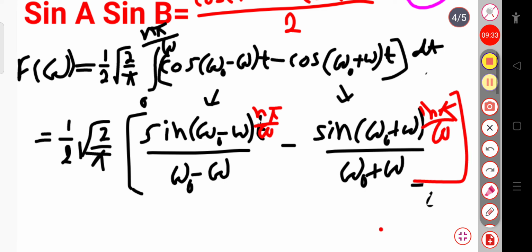Let me write this equation on the next page: f of omega equal to 1 by 2 into root over 2 by pi into this total bracketed term.